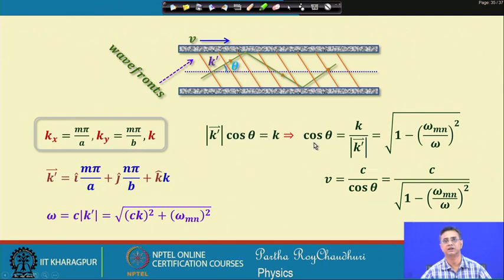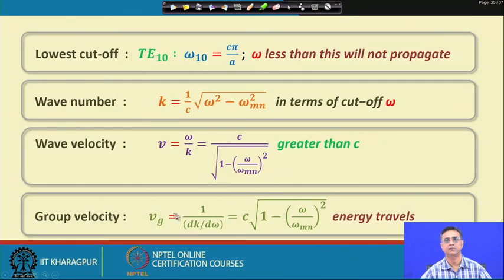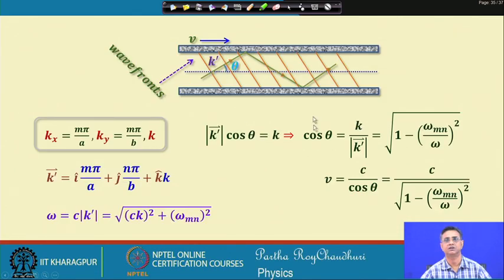So, we can calculate the cosine of the angle that the wave makes with the incident and reflected waves, which gives v equal to c by cosine theta, and this is the velocity with which the energy actually travels in this direction. So, this is the group velocity, the velocity of energy travel, whereas v is the phase velocity of the wave, which is along this direction.